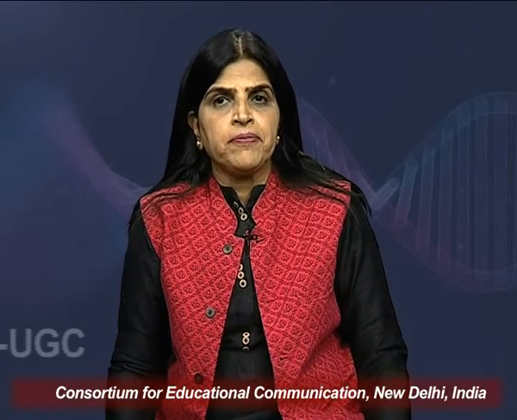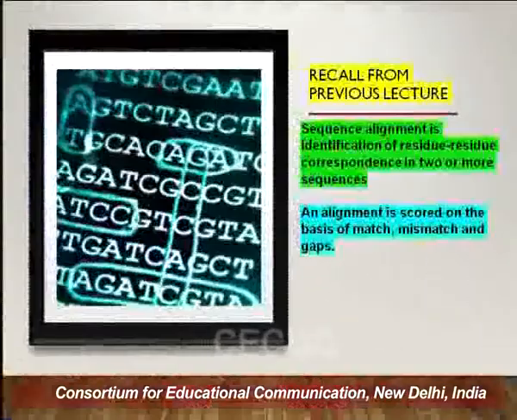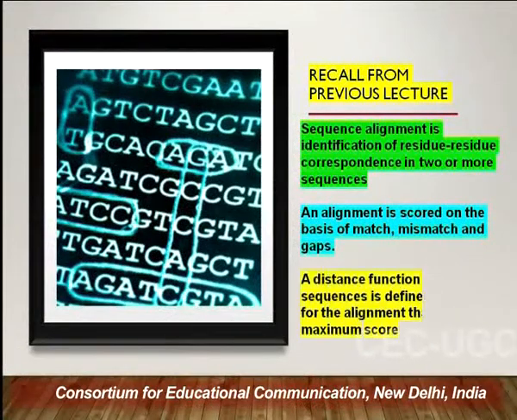A quick recall: sequence alignment is the identification of the relation between sequences by residue by residue comparison. An alignment is done on the basis of matches, mismatches, and gaps.